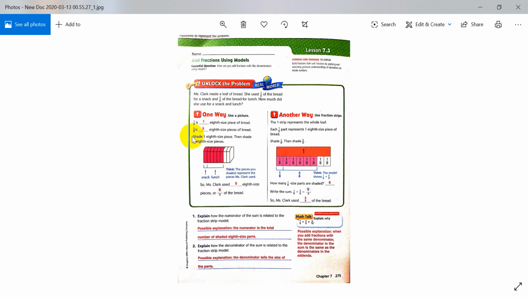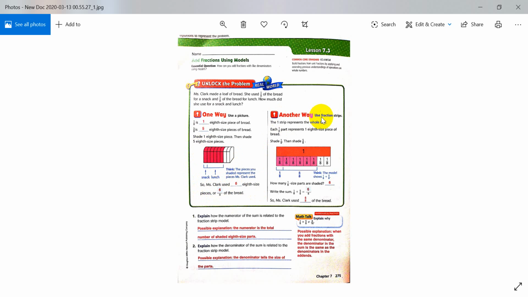Okay, 5/8 is 5/8 size pieces of bread. Shade 1/8 size piece, then shade 5/8 size pieces, then count all of them. So Miss Clark used 6/8 size pieces, or 6/8 of the bread.